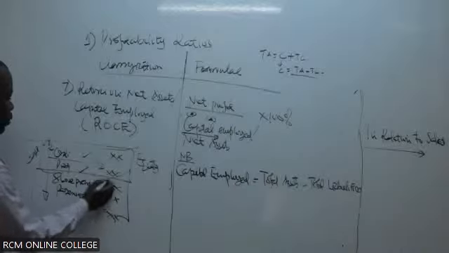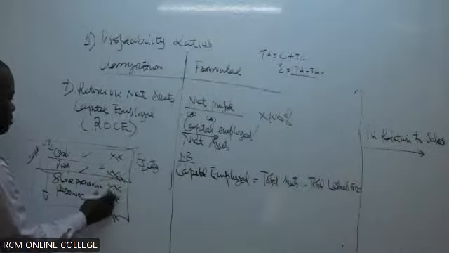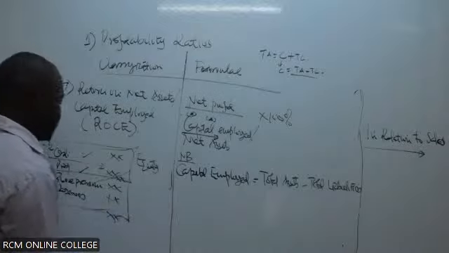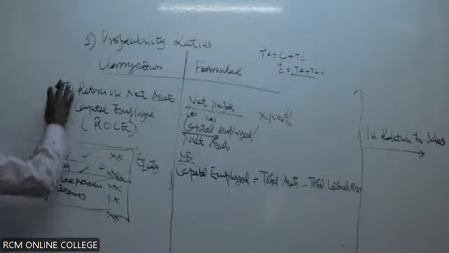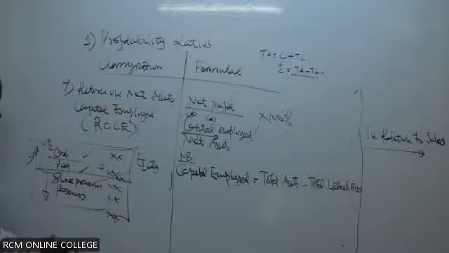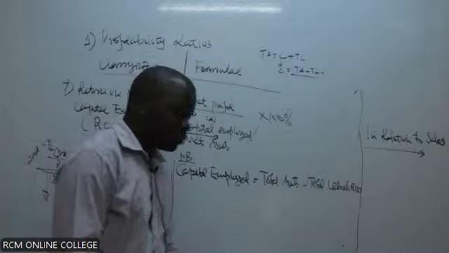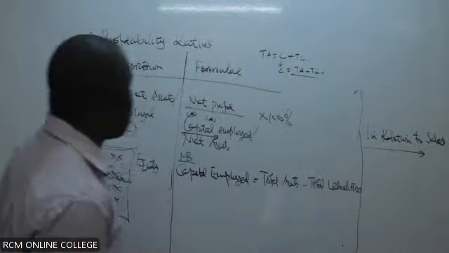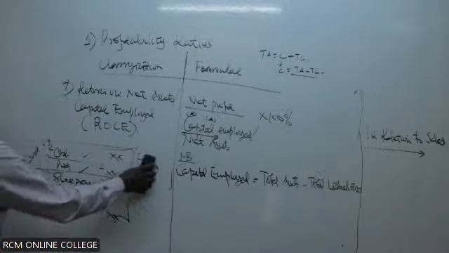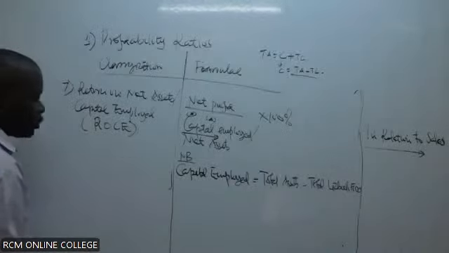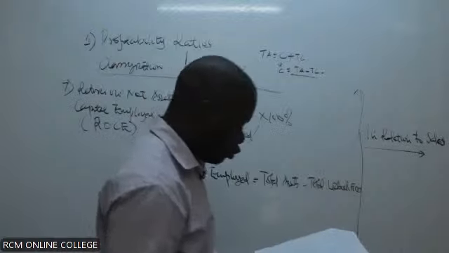But for capital employed, we take all of them, using that formula, because we have liabilities here and assets here. That is what you use to compute return on net assets, or return on capital employed.